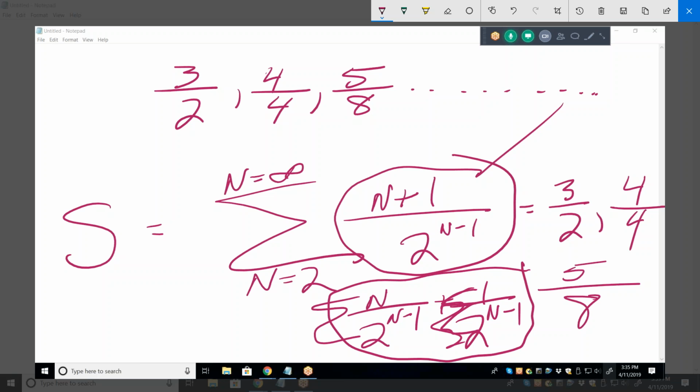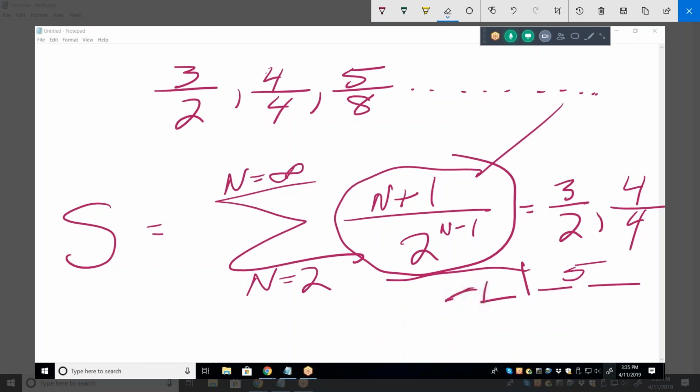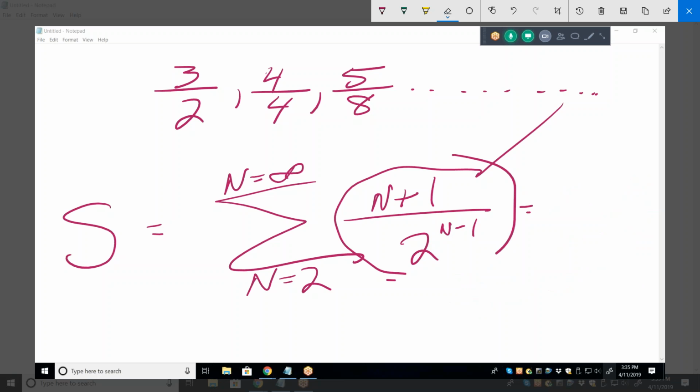Here, let me just rewrite this so it's not so confusing. We still aren't quite ready to figure out what that sum is, but it's worth knowing some of this other stuff also. First of all, that expression.